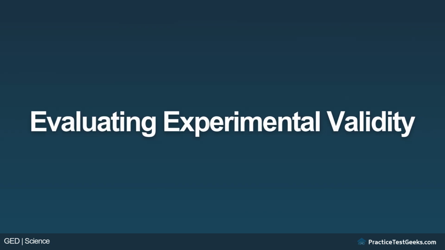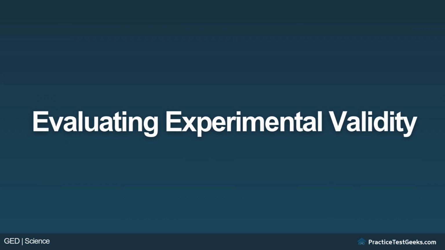Now that you know how to design a fair test, let's take it a step further. How do you know if an experiment is actually valid? In other words, how can you tell if it was done well and produced trustworthy results?